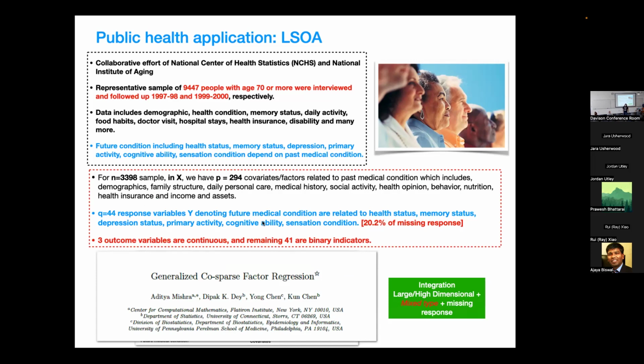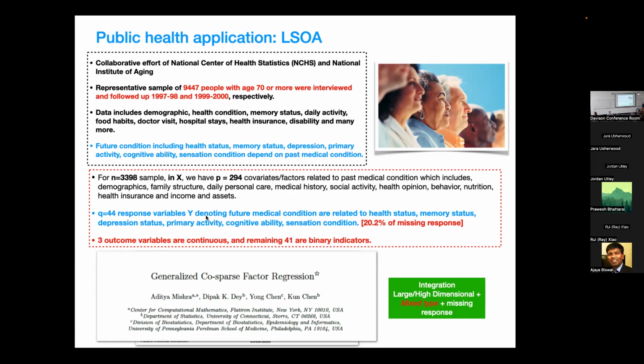The important thing about this data set is that we considered the future medical condition, which was mainly 44 variables, as my outcome variable, and some predictors related to the past medical condition and economic status as predictor variables.